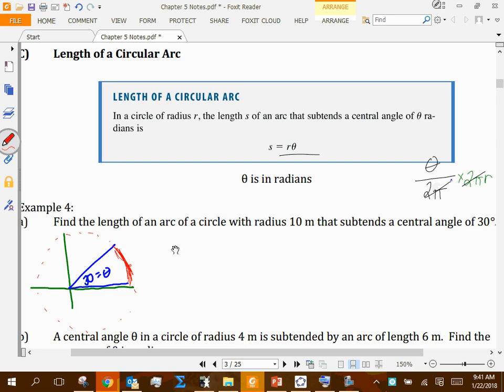So the formula for this is S is equal to R theta. Well, S is the length that we're looking for. R, they say, is 10 meters, right? So S is equal to 10 meters. And like I said earlier, a lot of times with our formulas in trig, I like to put in the units. Those of you that are in physics, I think you find the same thing when you put things into a formula because of all of the varying and differing components to a lot of your formulas in physics.